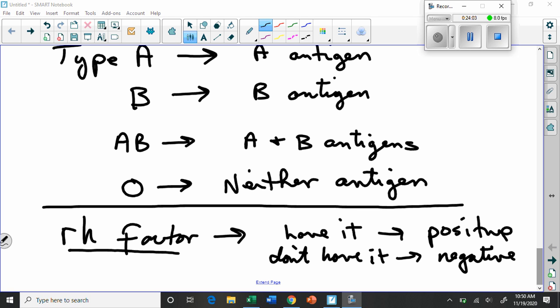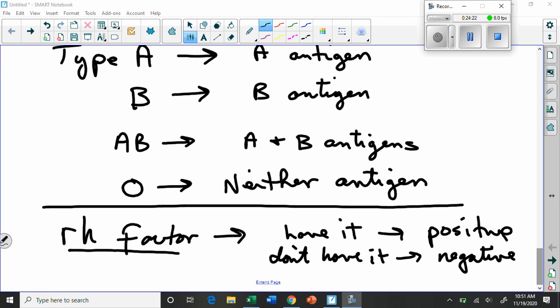So if you had type A blood and somebody put type B blood into your system, let's say you had to have a transfusion, that blood is going to mix with your blood, and the different antigens are going to cause the blood cells to clot and stick together, which is not a good thing, right? It could be potentially lethal.